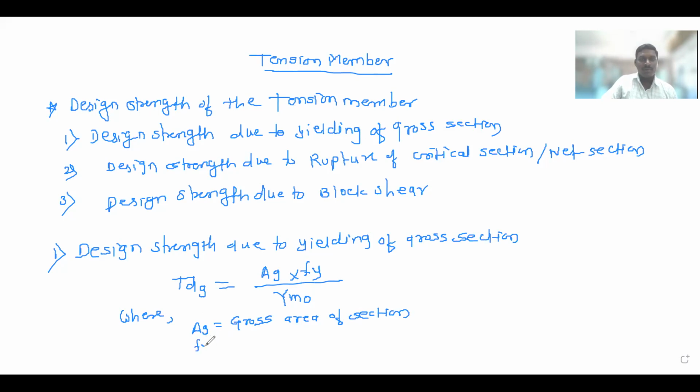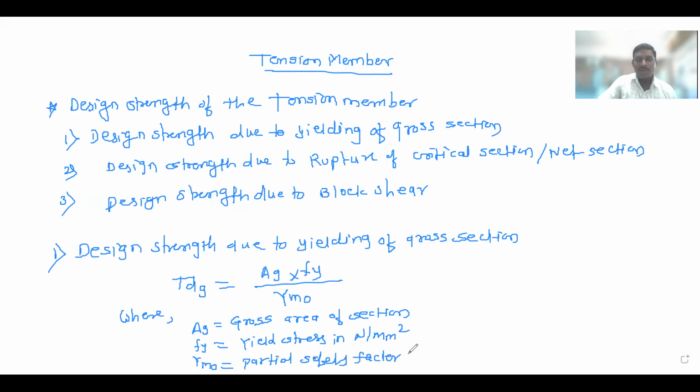Then Fy, what is Fy? Fy is the yield stress in Newton per mm square. And gamma m0 is the partial safety factor.